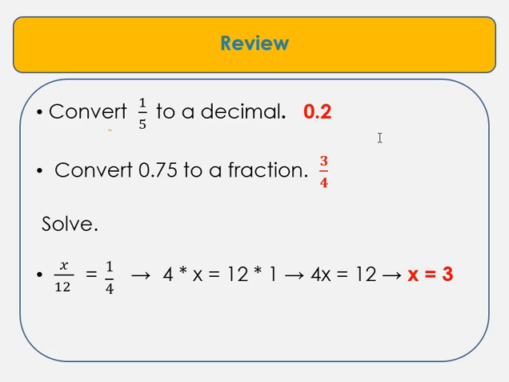If you don't know how to convert to a fraction on your calculator, if you have a TI, I know that in the lower left-hand corner there is an arrow that points to the left. If you have 0.75 in your calculator and you push second and then the arrow, it will change the decimal to a fraction, and if you push second and arrow again, it will go back to a decimal.